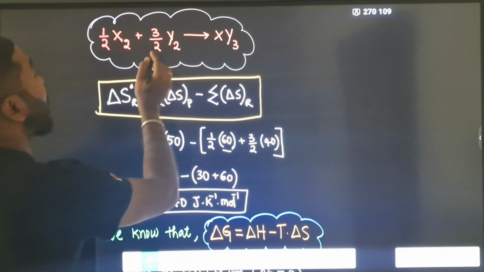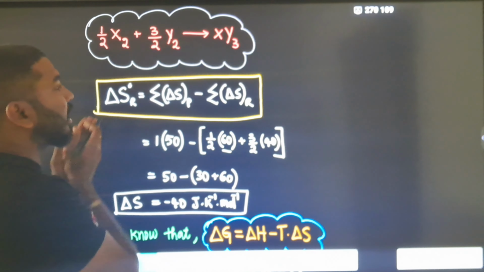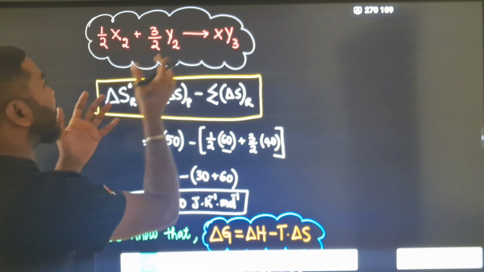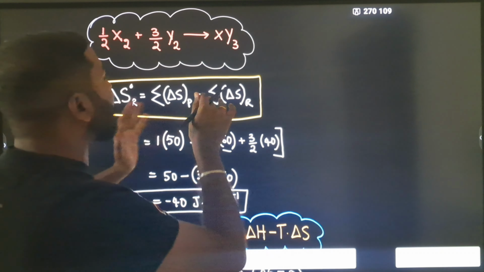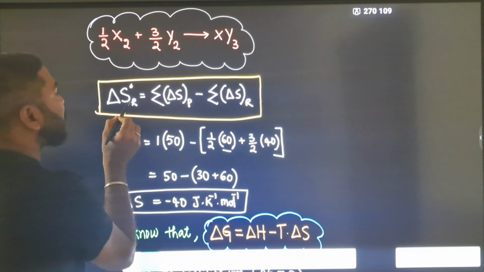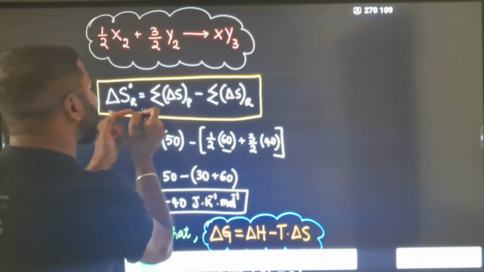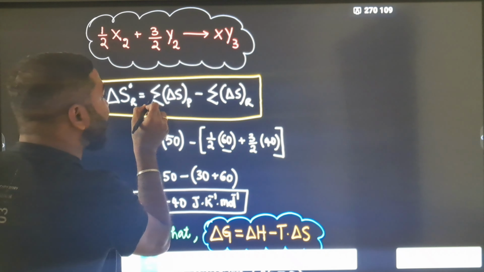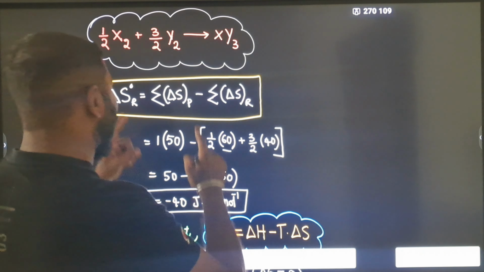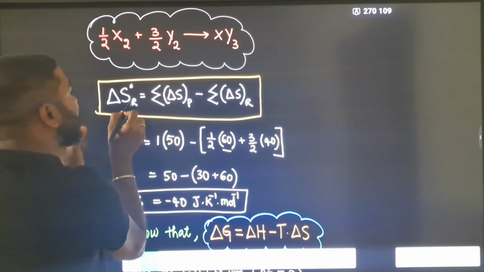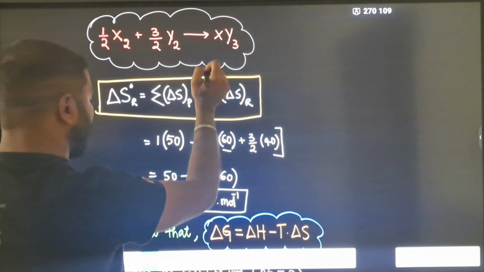When we have products entropies and reactants entropies, we use this equation. The entropy change of the reaction is defined as the summation of products entropies minus the summation of reactants entropies. And in order to find it, we need to consider the stoichiometric coefficients also.